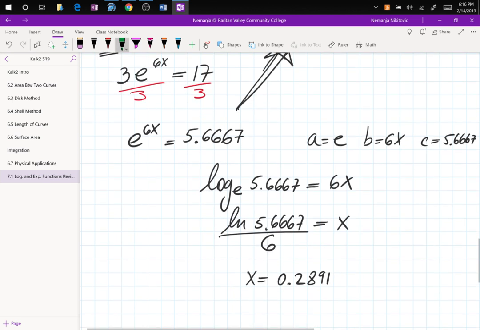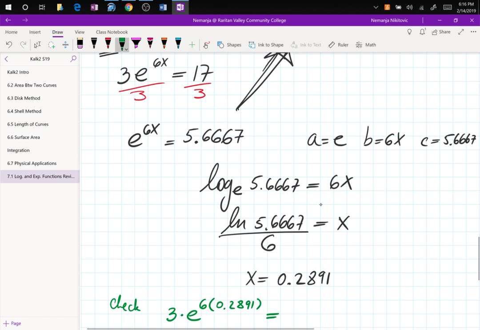So check. 3 times e to the 6 times 0.2891. This better be very close to 17. Otherwise, we have to go back and redo everything.